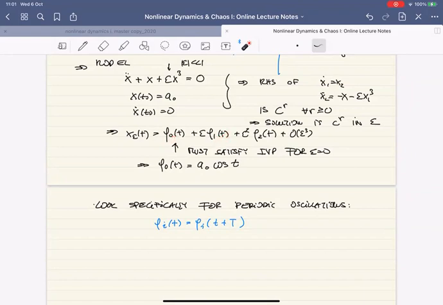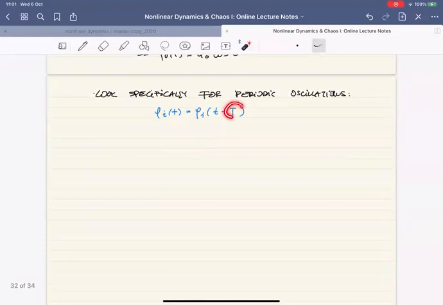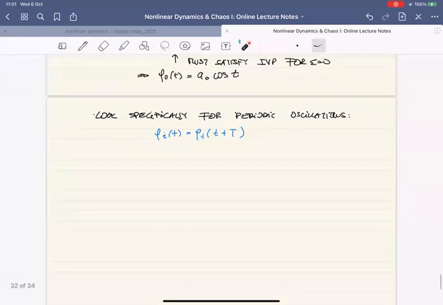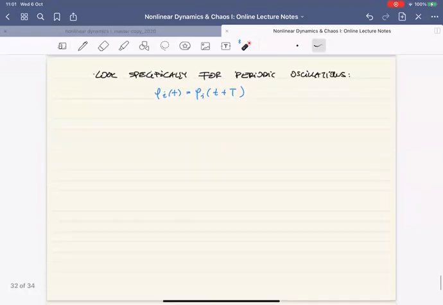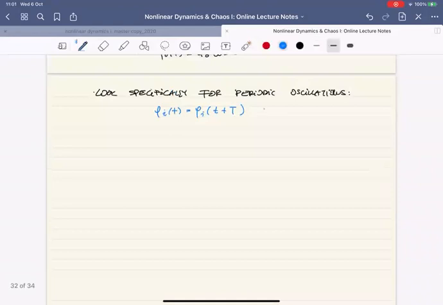But for the same reason, the period might be 3 pi or 5 pi, and it's still okay. So even though I want the whole thing to be 2 pi periodic, these can be faster oscillations as long as they have a common period. That's why I'm saying that I don't know exactly what this is. I already have constraints on it. It cannot have an irrational relationship to the period of this one, but fundamentally, I don't want to push enforcing it. I want to leave that open. So T is the period to be determined.